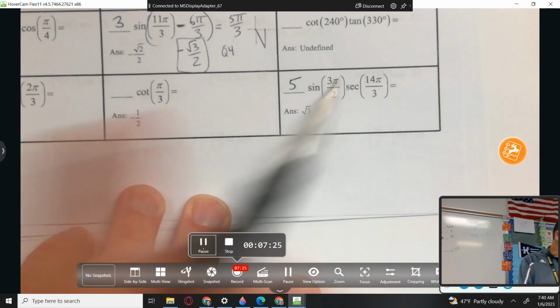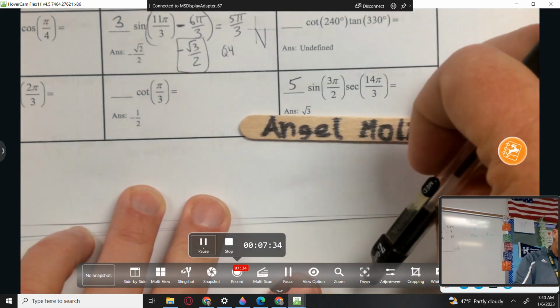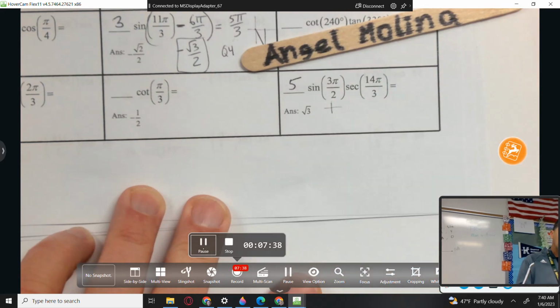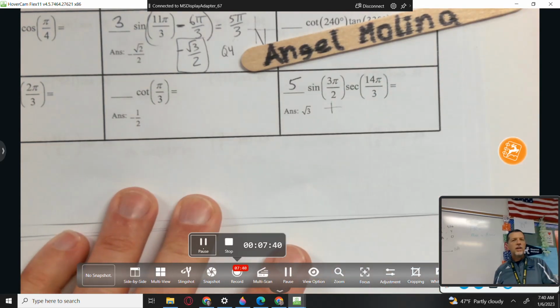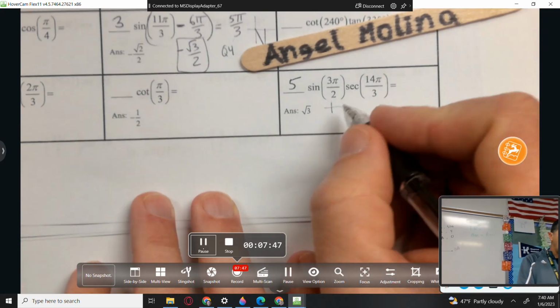Let's see, sine of 3 pi over 2. Angel, how about the sine of 3 pi over 2? What's that equal to? Where is 3 pi over 2? Like, what quadrant is it in?